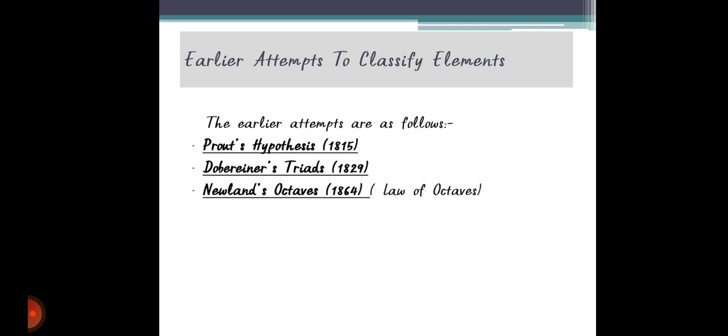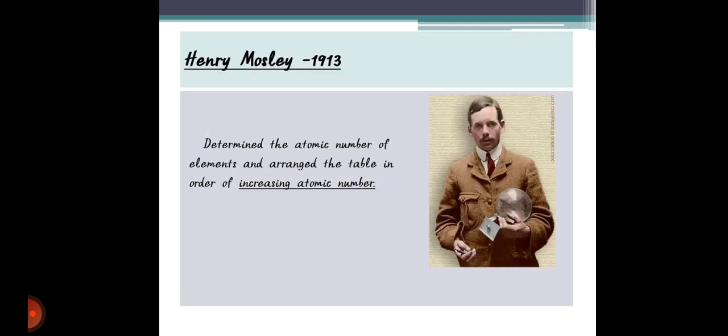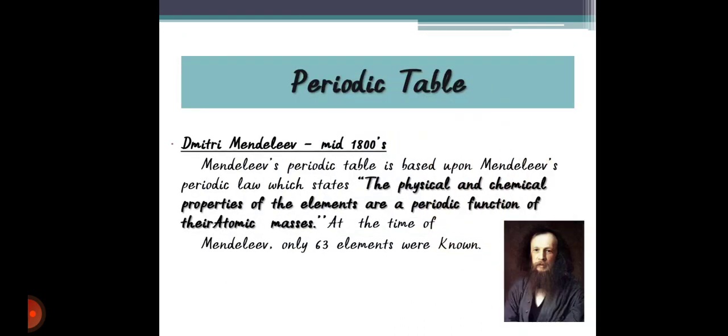So, after the failure of Newlands' octaves, Dmitri Ivanovich Mendeleev, a Russian chemist, put forward a periodic table that was called Mendeleev's periodic table. Mendeleev examined the relationship between the atomic masses of the elements and their physical and chemical properties.